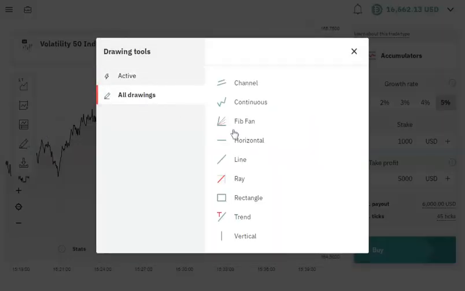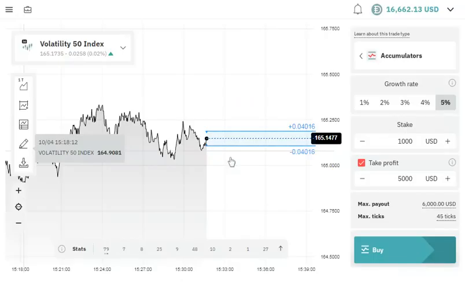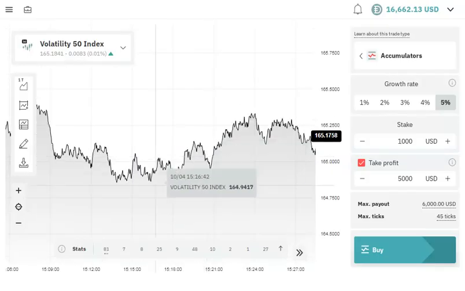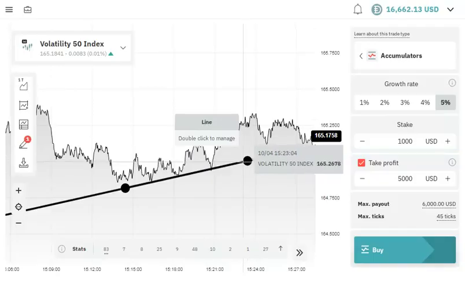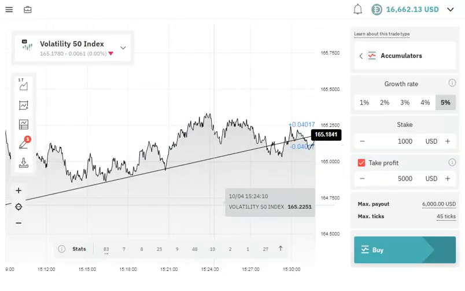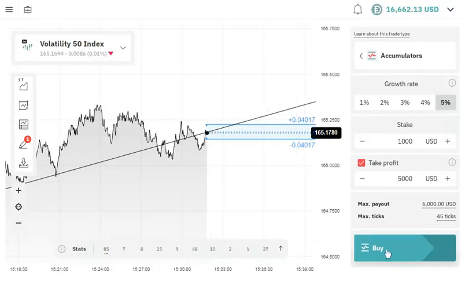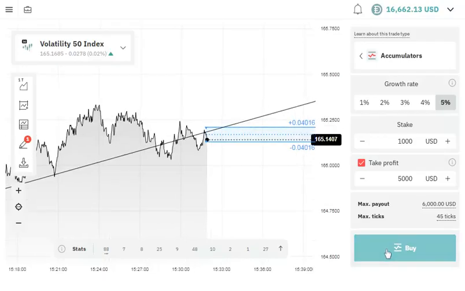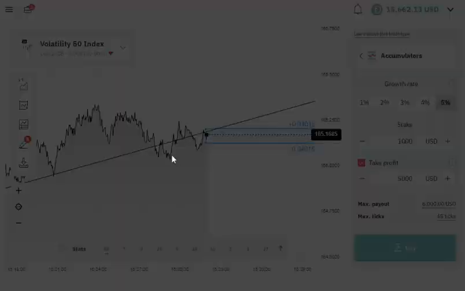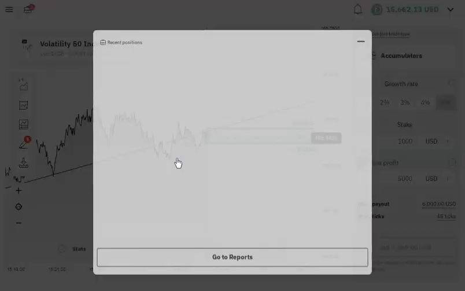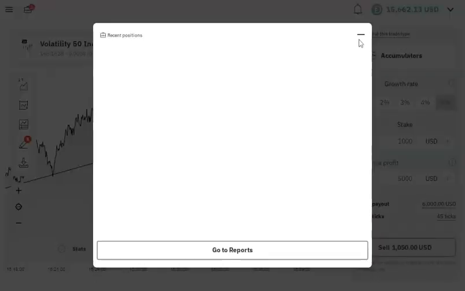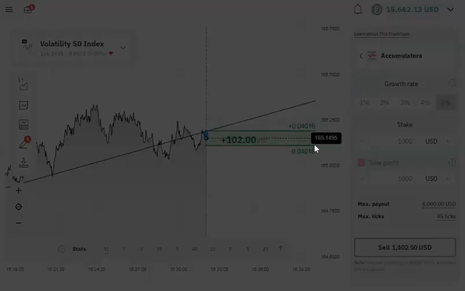And so now our market is going up in this pair, Volatility 50 Index, and it is a good reason for me to buy because of its rising nature. So I'm going to buy this asset, but if it comes down here, I know the market is misbehaving.